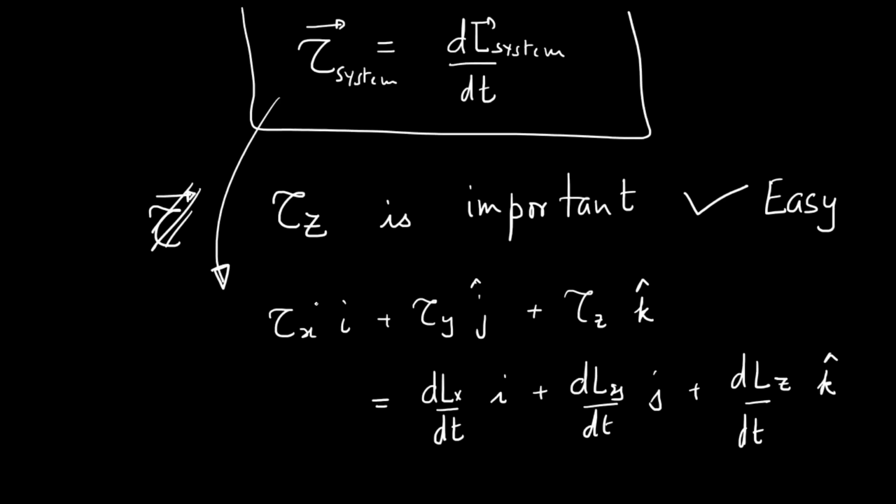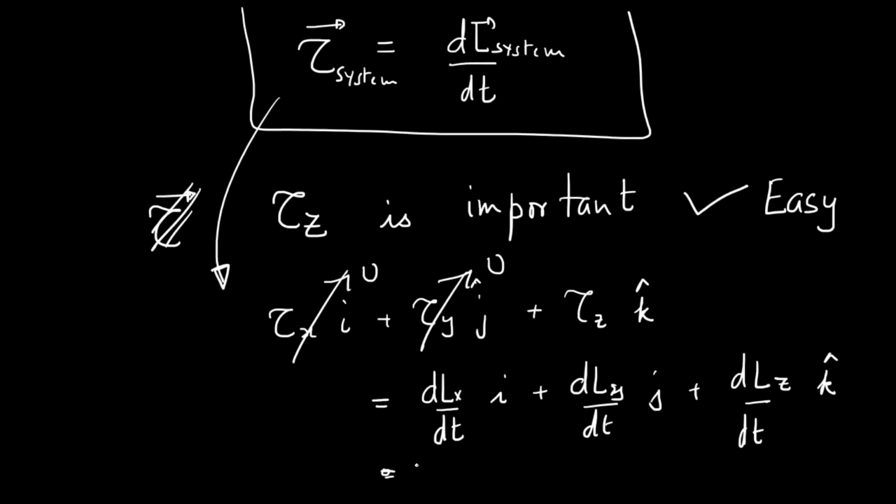And now you see that this is not there, this is 0, this is not there, this is 0. This automatically means that this doesn't change. That is, the angular momentum component in the x direction is constant.